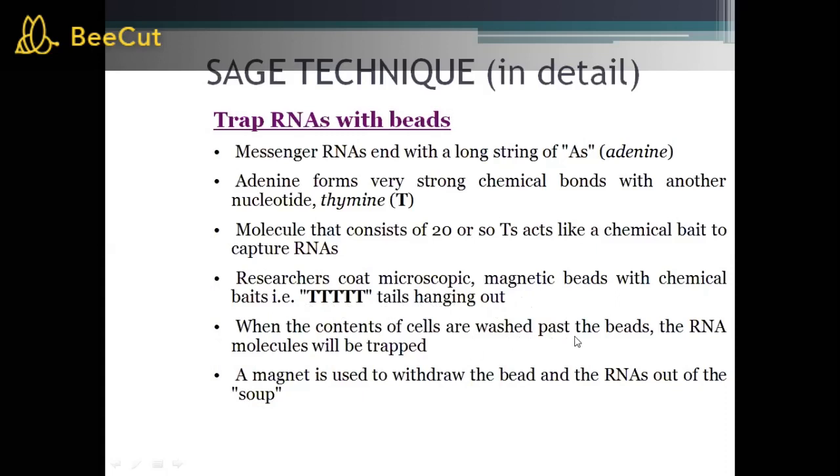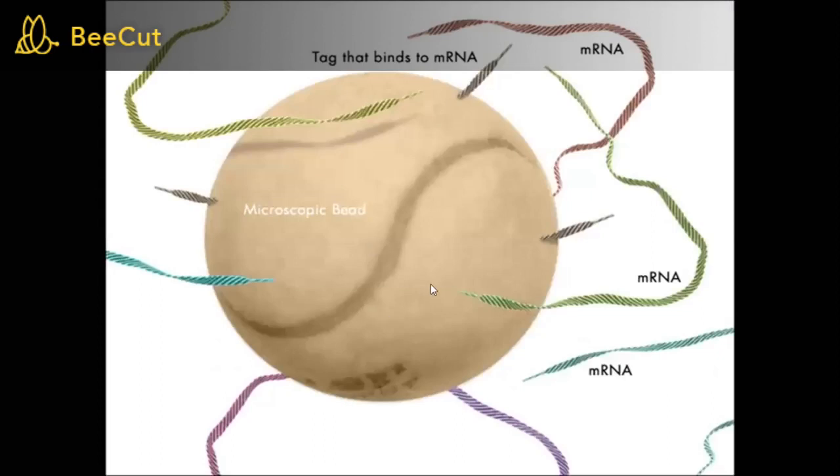When the contents of the cells are washed past the beads, the RNA molecules will get trapped. So here we can get the mRNA molecule. A magnet is used to withdraw the beads and the RNA out of the soup.